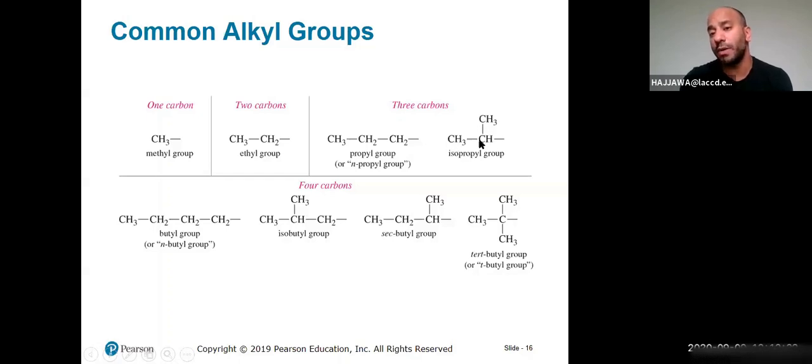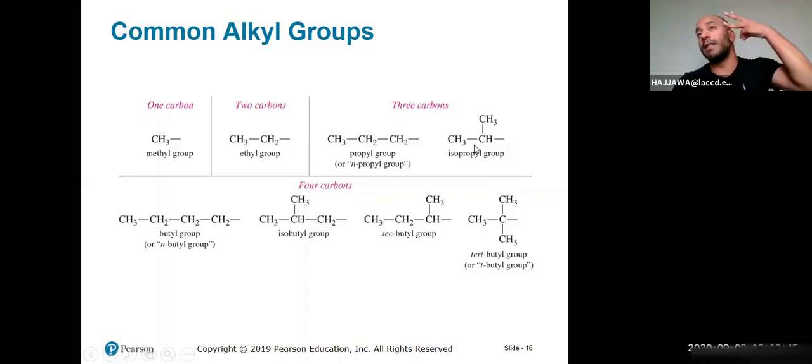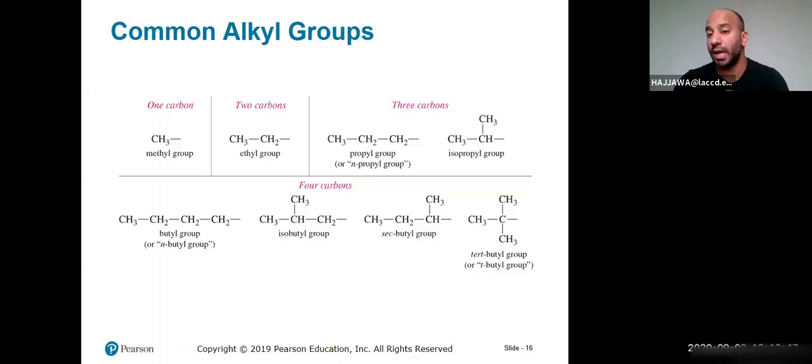So I have a 3-carbon chain that's an alkyl group, but is no longer attached from the terminal side. It's attached from the middle side. That makes it an isopropyl group. It's no longer a propyl group. So it's important to keep in mind that the isopropyl group is always going to be 3 carbons attached from the middle carbon, the 2nd carbon.